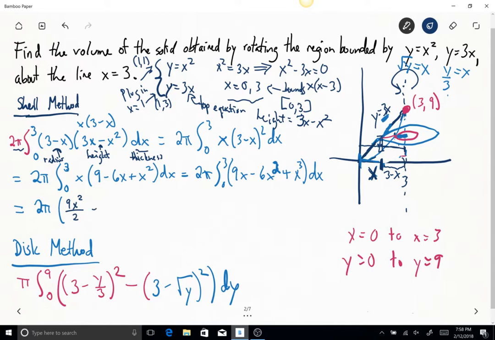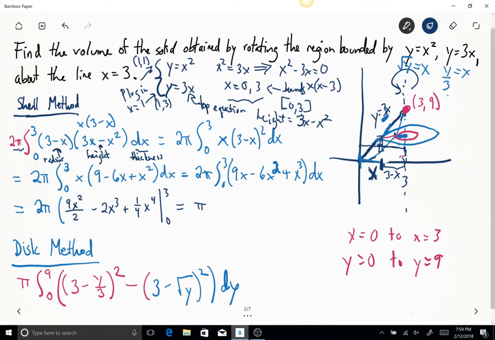So if you were to take this antiderivative back to the integral, we get 9x squared over 2 minus 2x cubed, and then plus 1/4 x to the 4th, evaluated at 0 and 3. Okay, so we can leave the pi out in front and make it a little bit easier on ourselves. Just multiply it on 3.